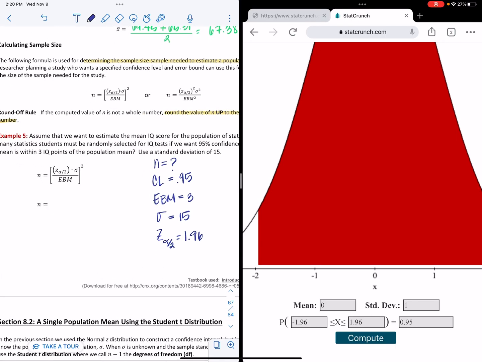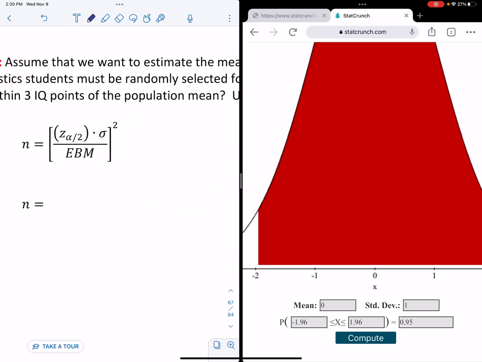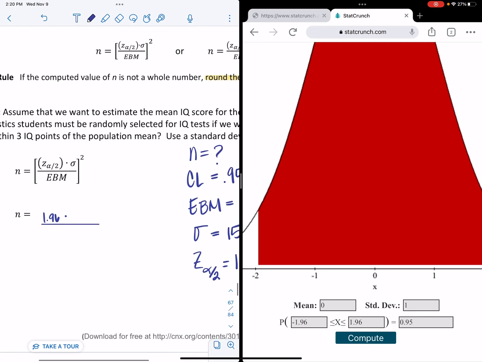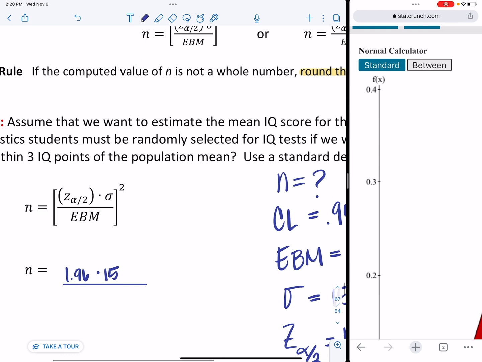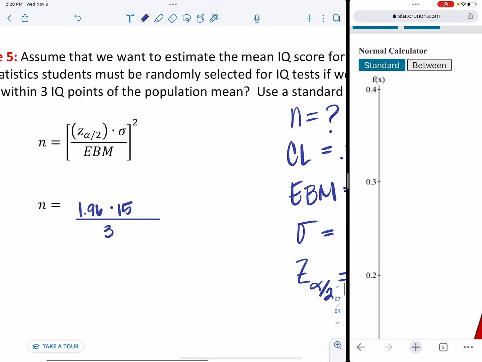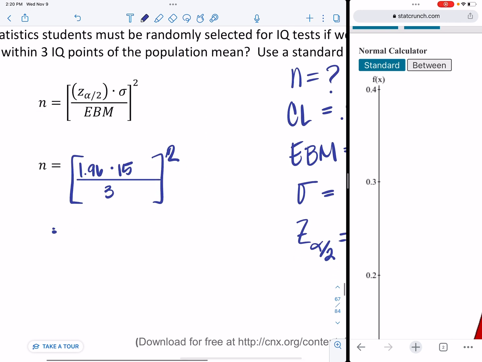So I'm going to plug everything I have into the formula. I just found the z-score. Sigma is 15. The EBM was 3. And those brackets say to not cube, square everything. When you plug those in the calculator, you get 96.04 people.